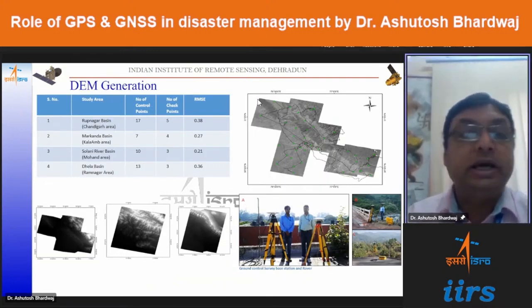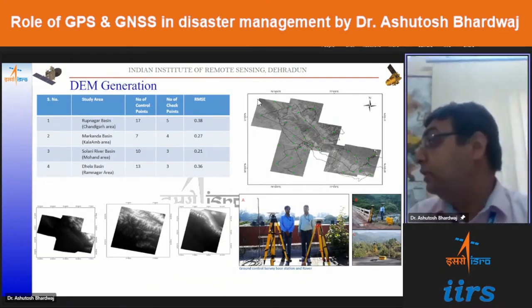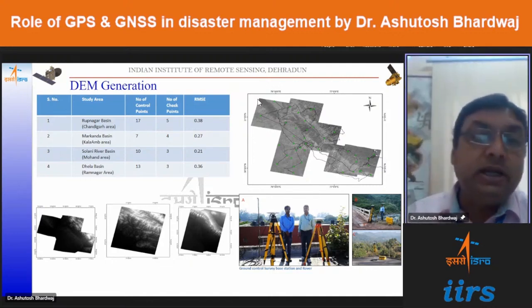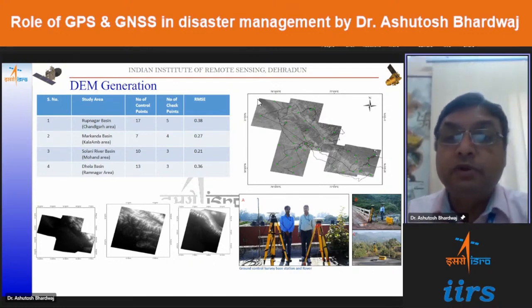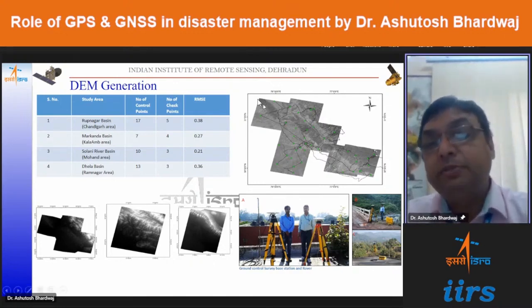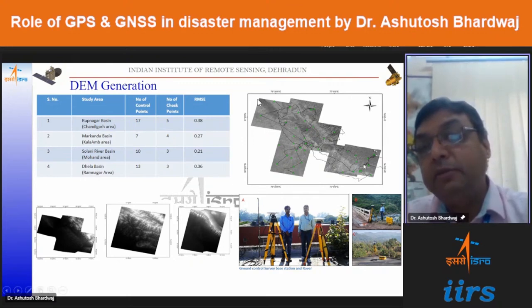Now this slide shows our application in which we utilized the Cartosat data and the DGPS survey derived GCPs. You can see the large part of the Himalayan region from Dehradun to Chandigarh.